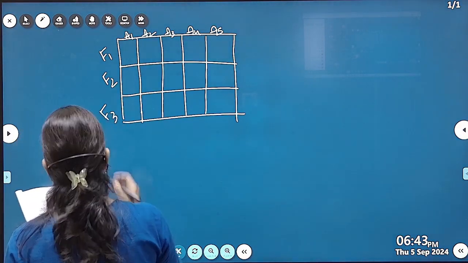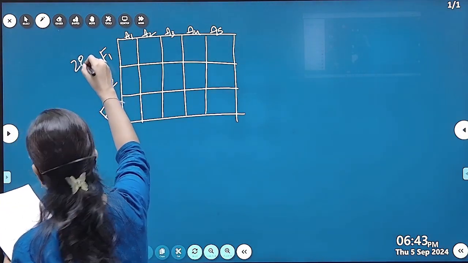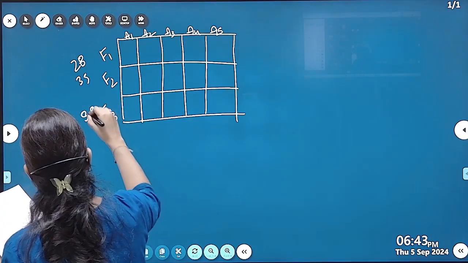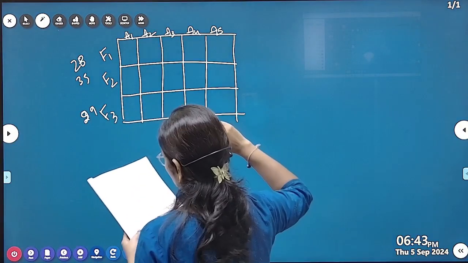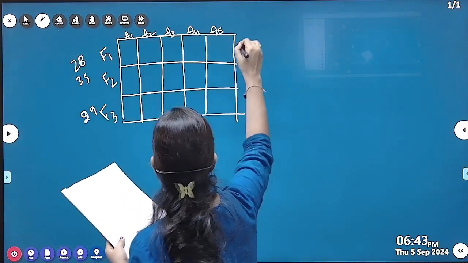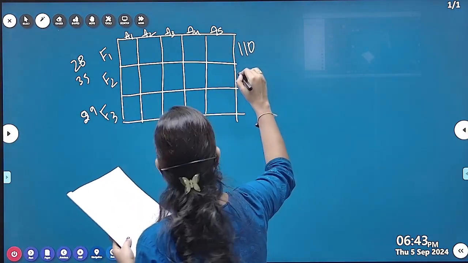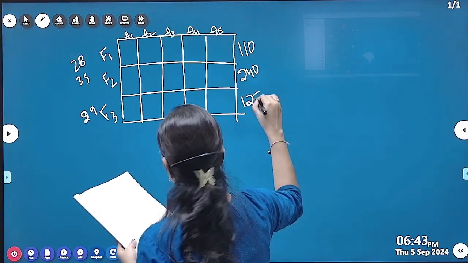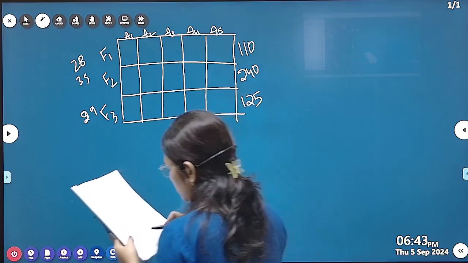So now the production costs for F1, F2, F3 are 28 units, 35 units, 29 units. Just write them down. The production capacities are 110, 240 and 125. Now what is the selling price?